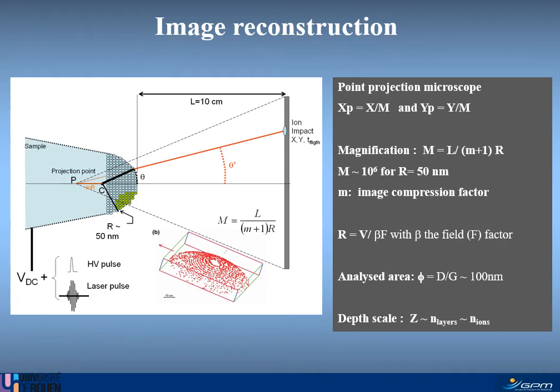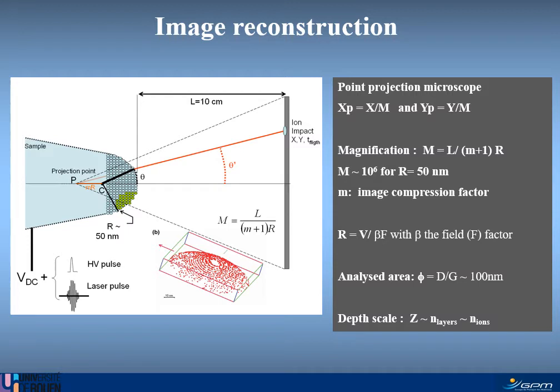How can we reconstruct the images? So again, you've got the tip here, the ion impact is here. And now we will make the assumption that the atom probe is a point projection microscope. What does that mean?